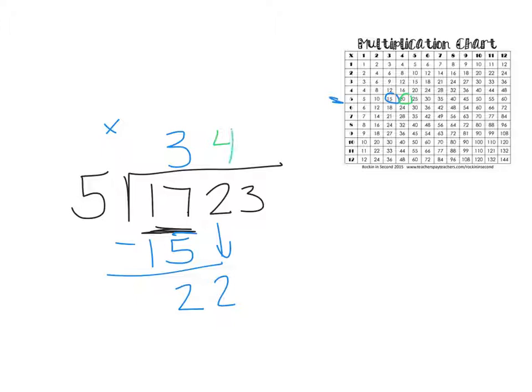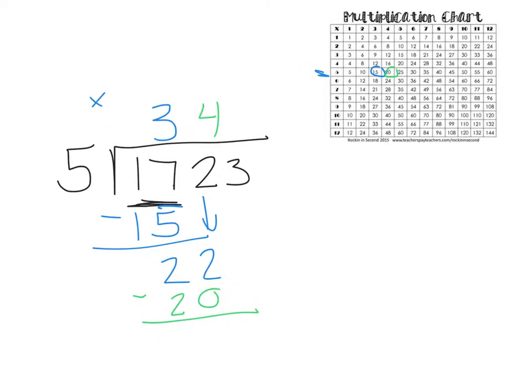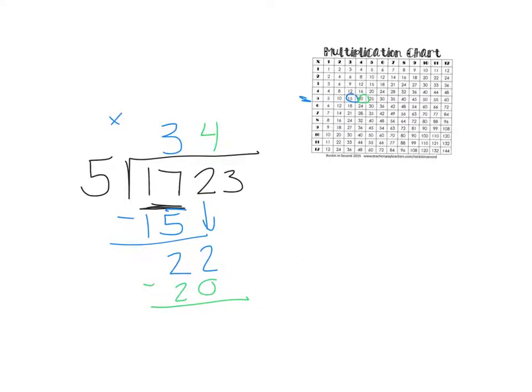So 4 goes up the top. We have 4 groups. 4 times 5 is going to give me 20. Now I can subtract. 22 minus 20 is 2.